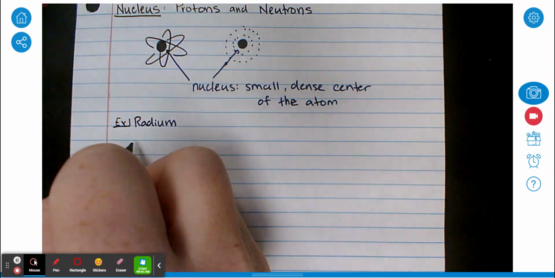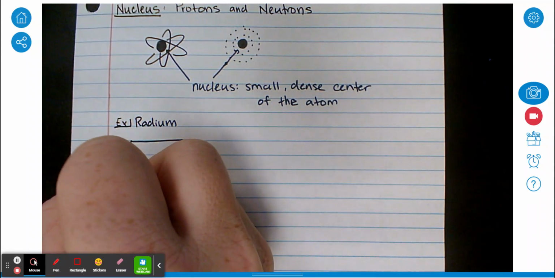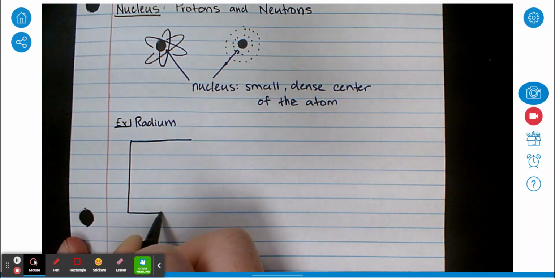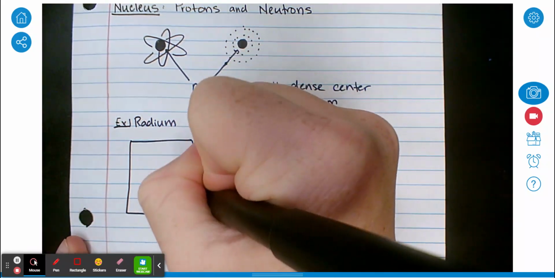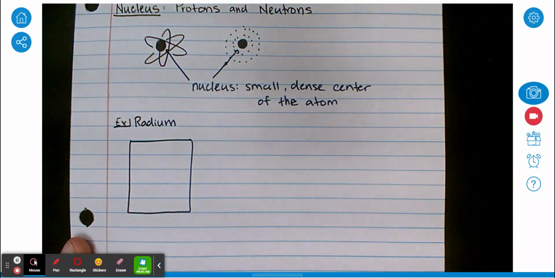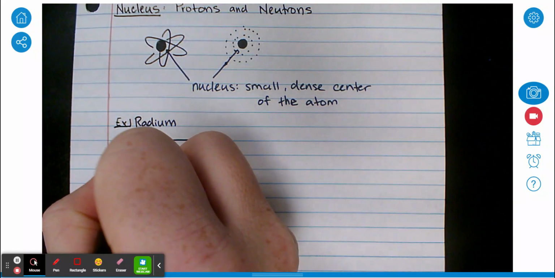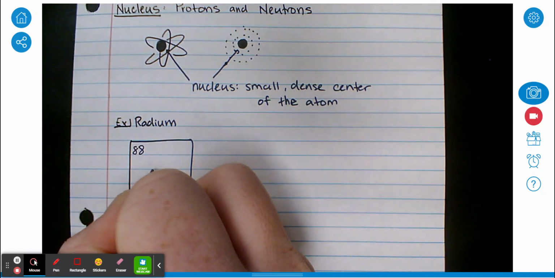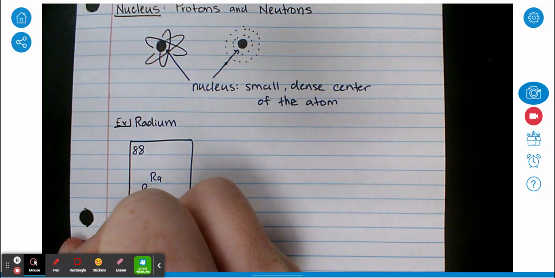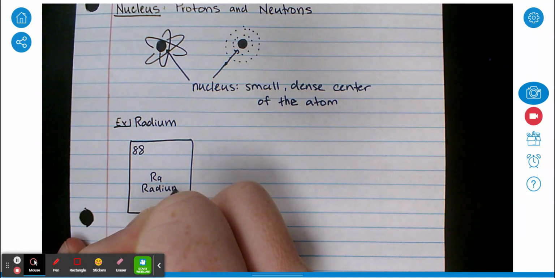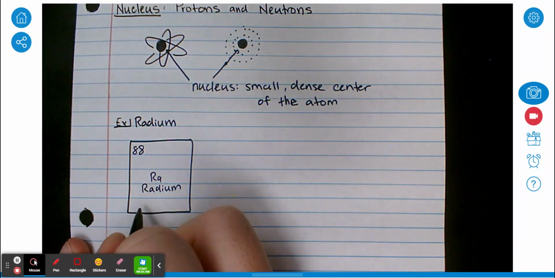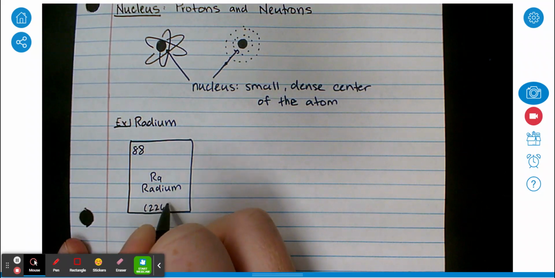Now, radium on the periodic table gets its very own element card. It is element number 88, and it has a mass of approximately 226.